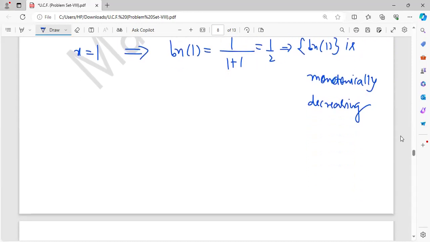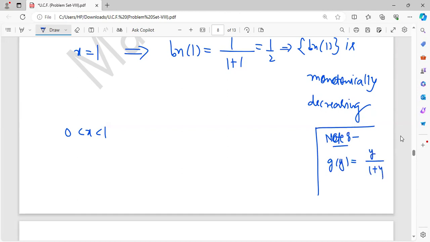So if I am taking x in between, I know that if you take any function g(y) equal to y upon 1 plus y square, this is a monotonically increasing function.